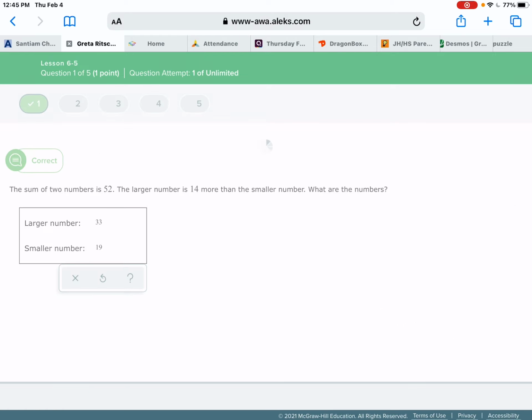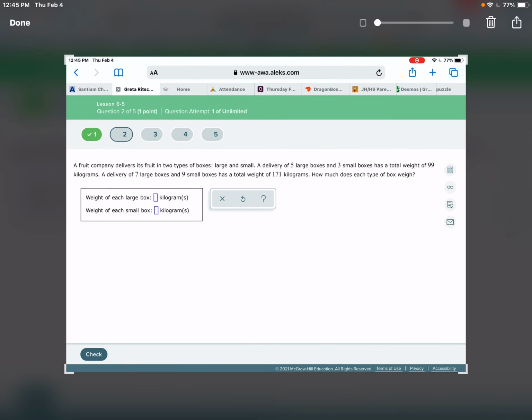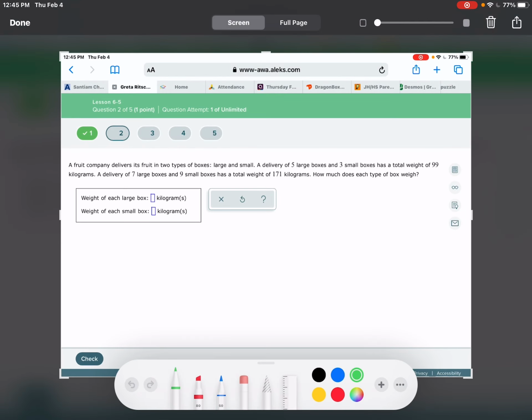All right, number 2. A fruit company delivers its fruit in 2 types of boxes, large and small. That's probably going to be our variables right there. A delivery of 5 large boxes and 3 small boxes has a total weight of 99. Looks like situation number 1. And a delivery of 7 large boxes and 9 small boxes has a total weight of 171. Okay, so there are my 2 equations.